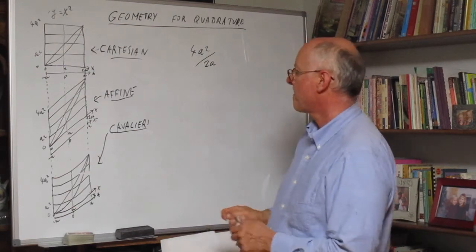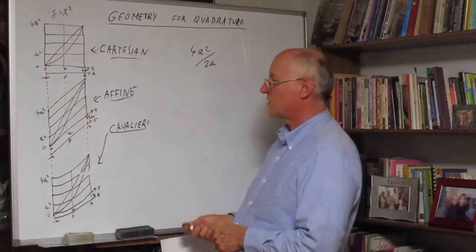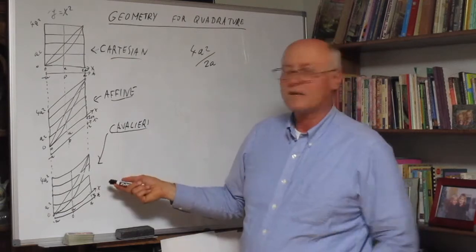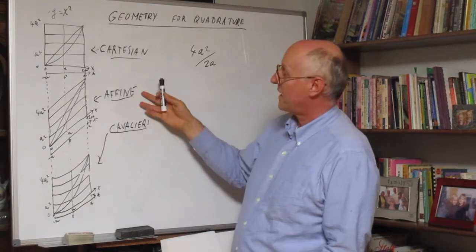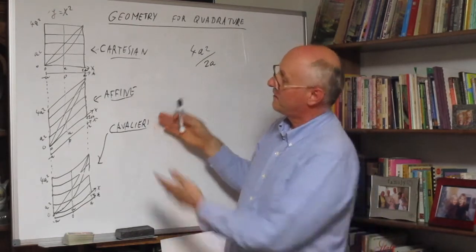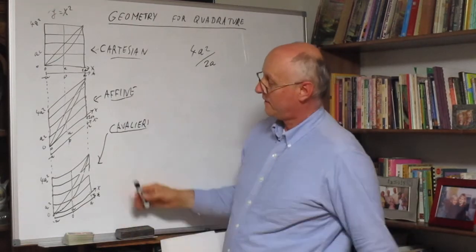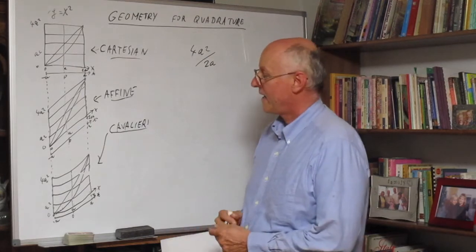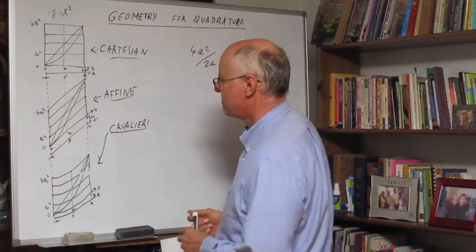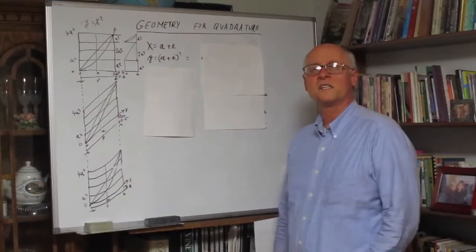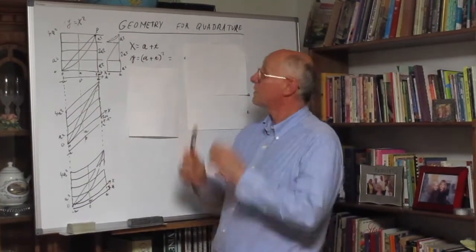So, slope is also invariant within this system of geometry, this affine Cavalieri style system. And well, we're going to employ this. So let's continue our discussion of geometry for quadrature.